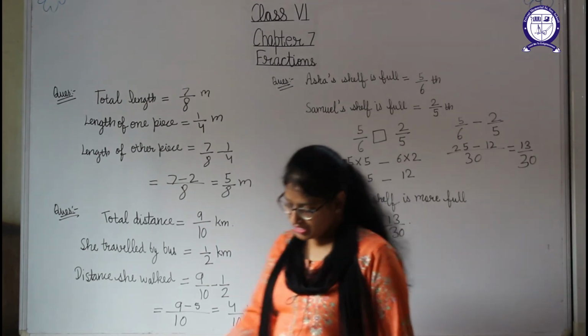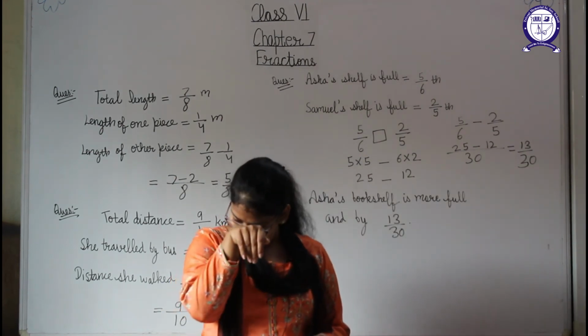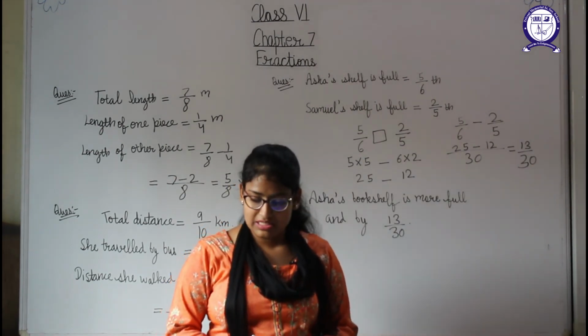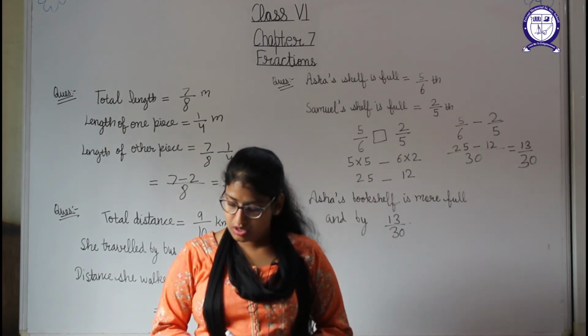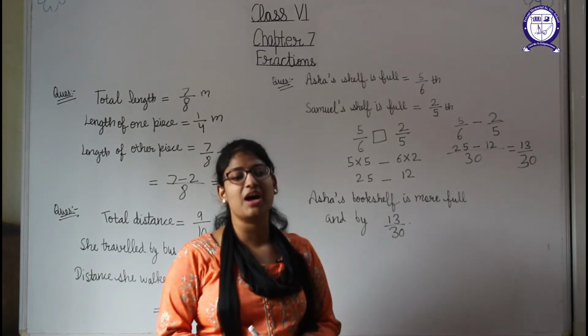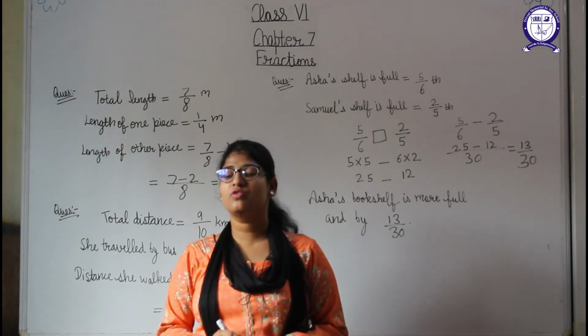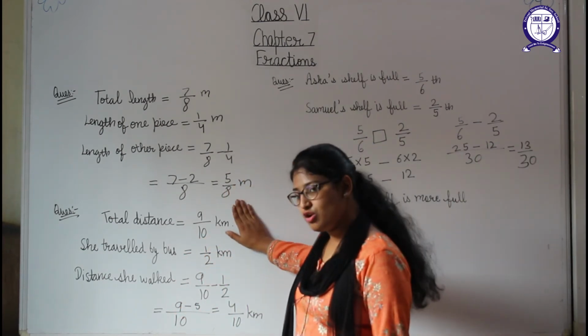Okay. Now next question is, Nandani's house is 9 by 10 kilometer from her school. She walked some distance, and then she took a bus for half kilometer to reach the school. So how far did she walk? Okay, so total distance of the school is 9 by 10 kilometer.